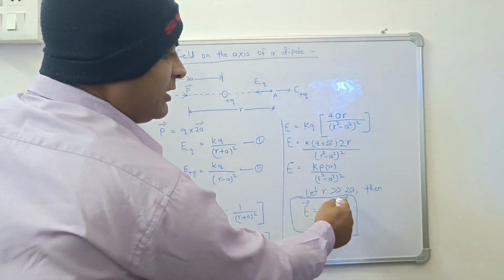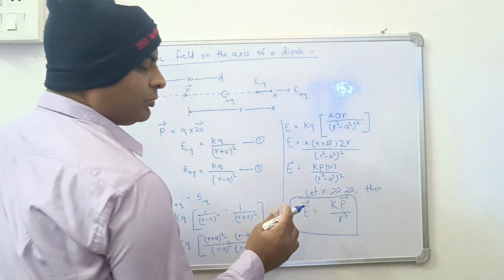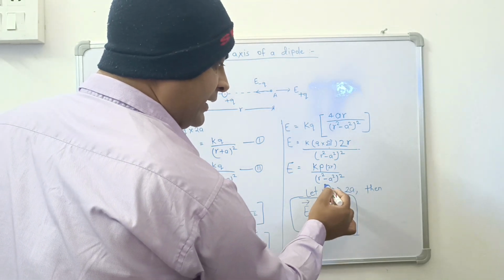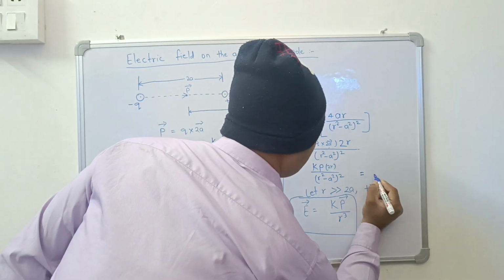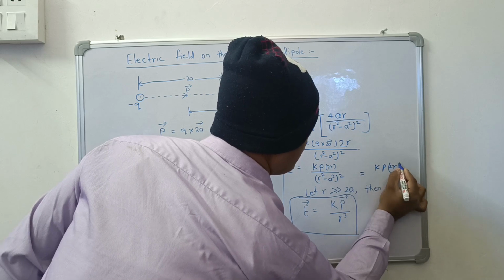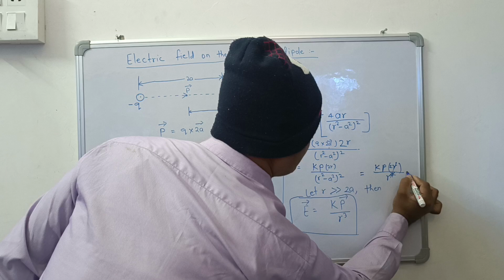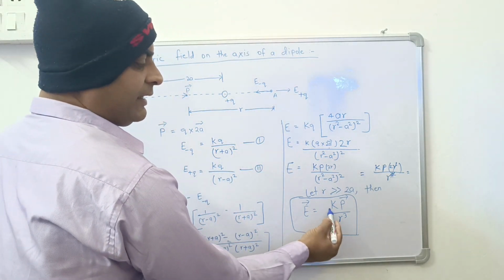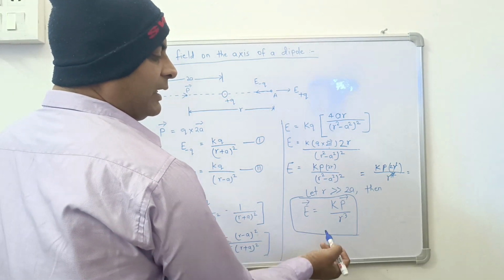Then the a squared term vanishes, and you are left with k p times 2r upon r to the power 4, which reduces to k times the electric dipole moment upon r cubed.